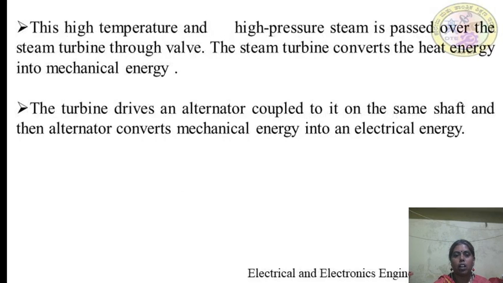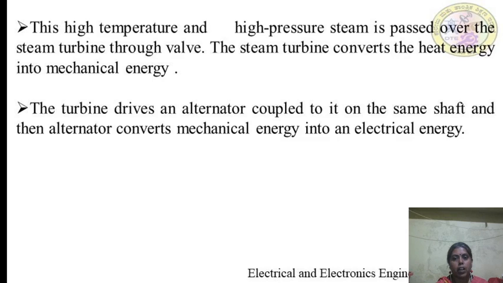As I already told, the high pressure and high temperature steam generated in a nuclear reactor through the heat exchanger chamber is sent to the steam turbine through the valve.